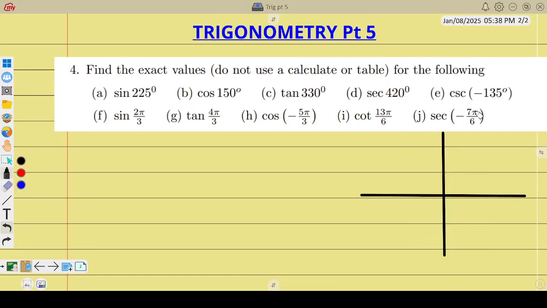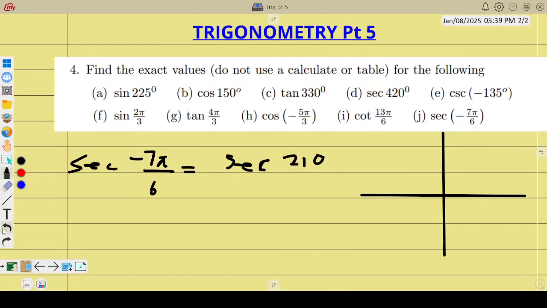So what is negative 7 pi over 6 in degrees? When you convert nicely, you're going to have 210. So this is sec negative 210.